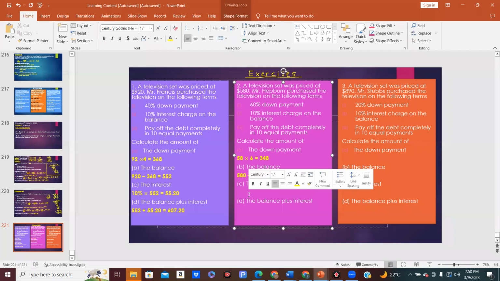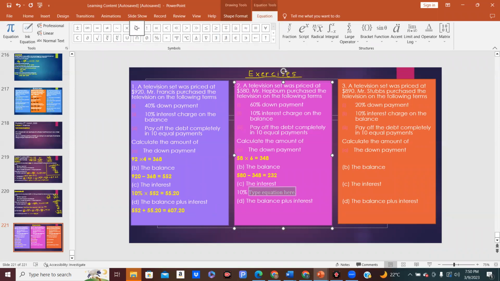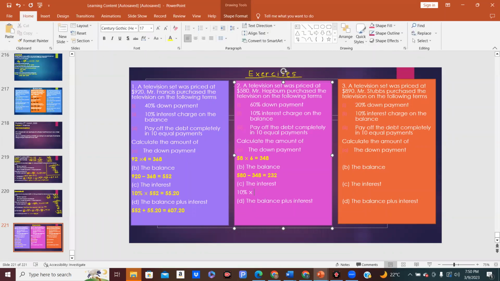Go ahead, the interest. Interest is 10% over 100 times 232 over 1. So what's it going to be? 23.20.